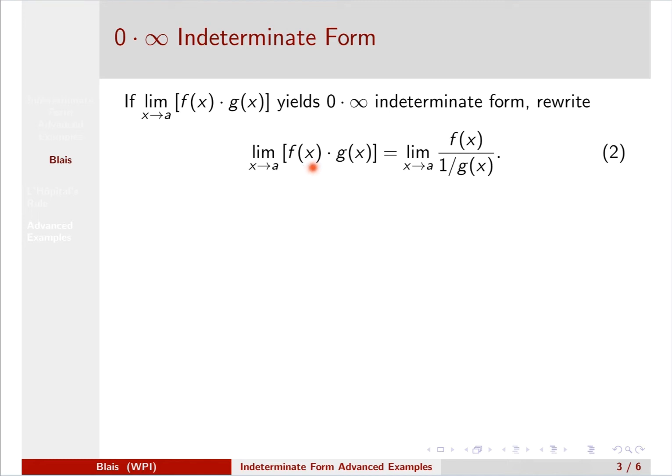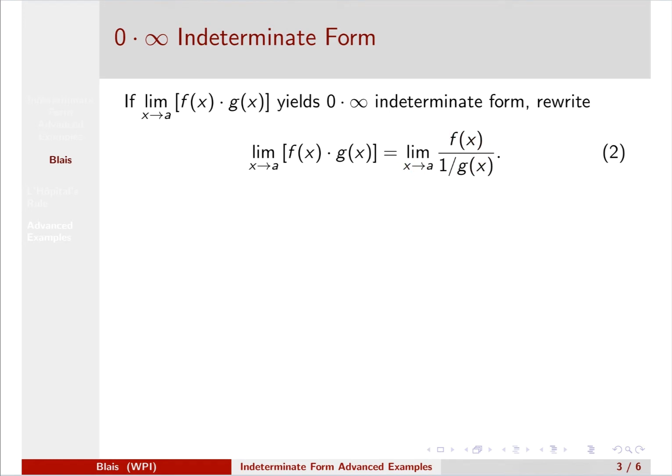So if you have f of x, which is racing to 0, and g of x, which is racing to infinity as x goes to a, it's the rate at which f of x goes to 0 versus the rate at which g of x goes to infinity that will determine this limit. So you can get a limit of 0, you can get a limit of infinity, you can get a limit of some other finite constant depending on the rates at which f and g are moving towards their limits of 0 and infinity respectively.